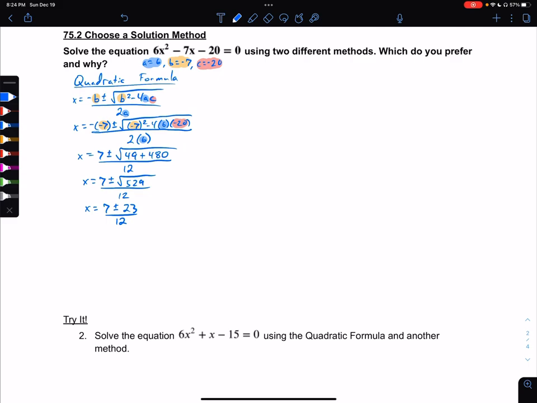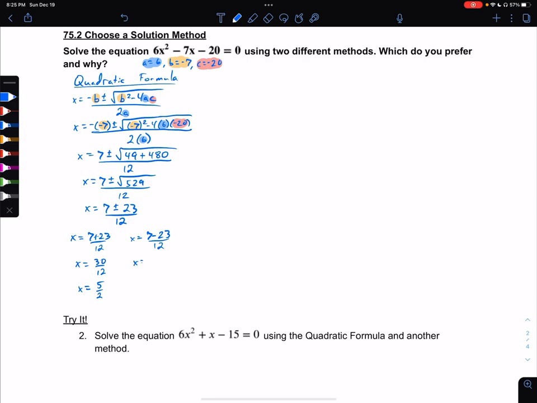All right, from here, we're looking for the actual solutions. So we're not actually done. This is the step where we would need to split this up. So we would have x equals 7 plus 23 over 12, and we would have 7 minus 23 over 12. So this shouldn't be too bad to simplify. 30 over 12 would reduce to 5 over 2, or 2.5, but we'll leave it as 5 over 2.